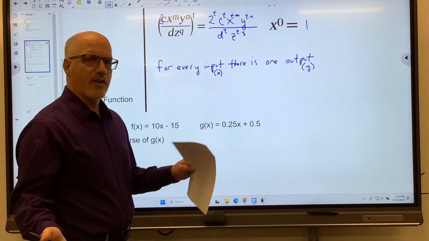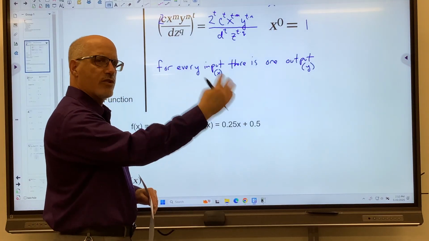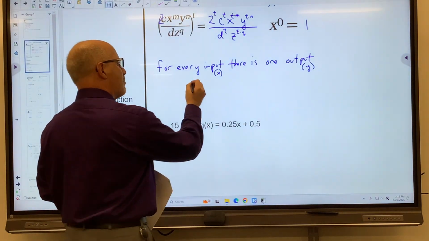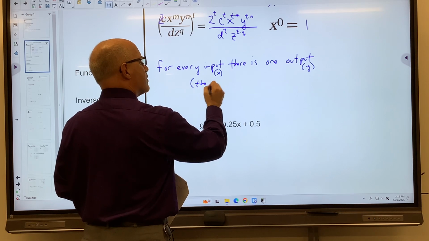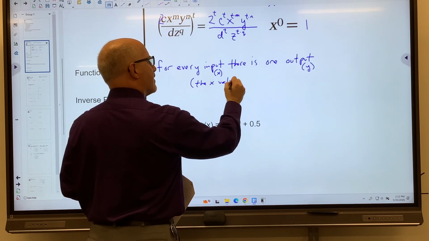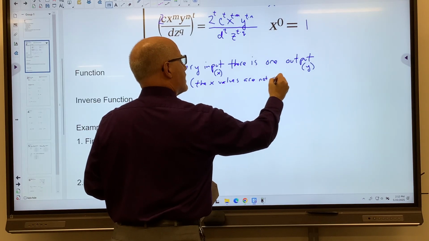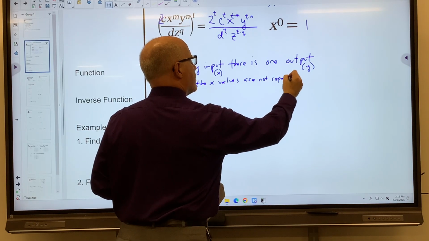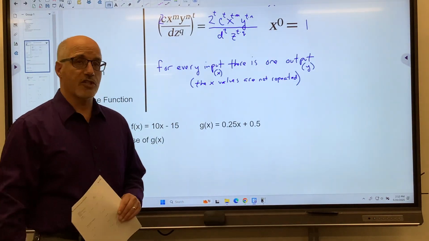Now we could use other variables, but there's an input and an output. Every x is paired with just one y. That means we have to remember the x values are not repeated. If you see any ordered pairs with two different y's but the same x, that is not a function.